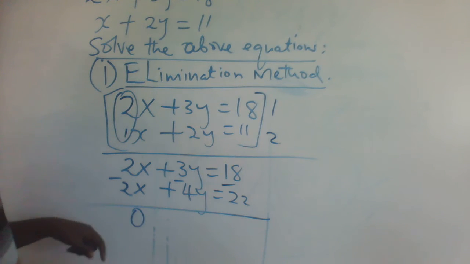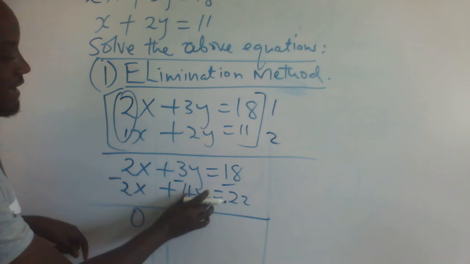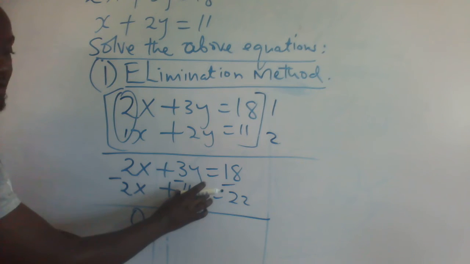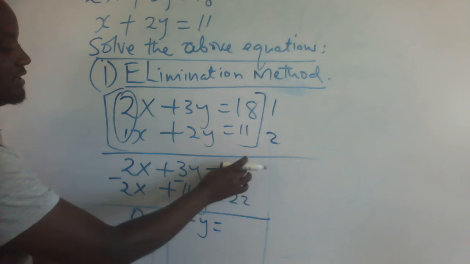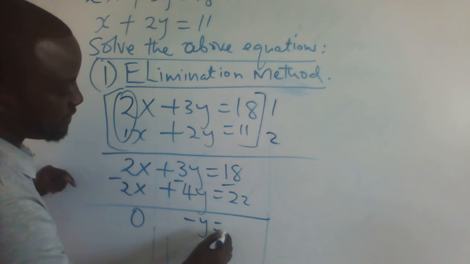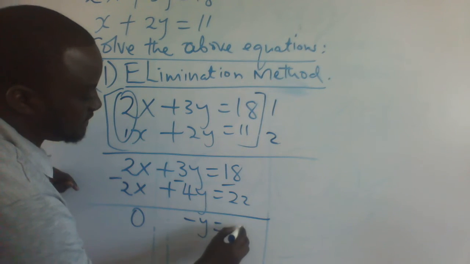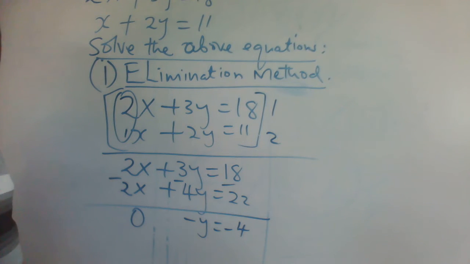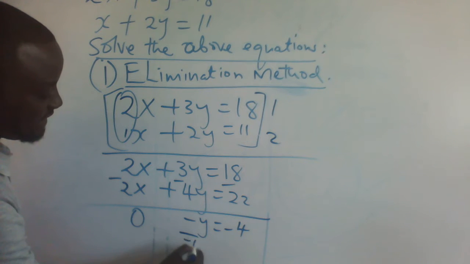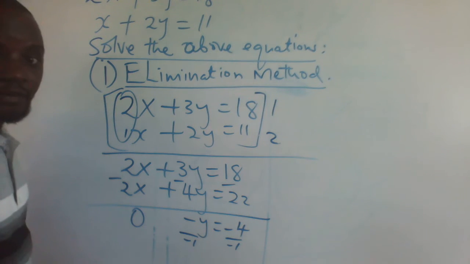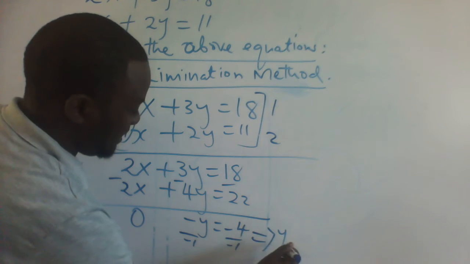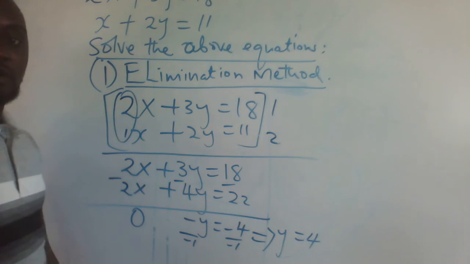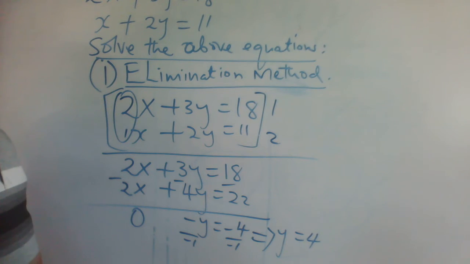This will give you 0. 3y minus 4y will give you minus y equals 18 minus 22, which gives you minus 4. Then divide both sides by negative 1, and this will give you y equals 4.